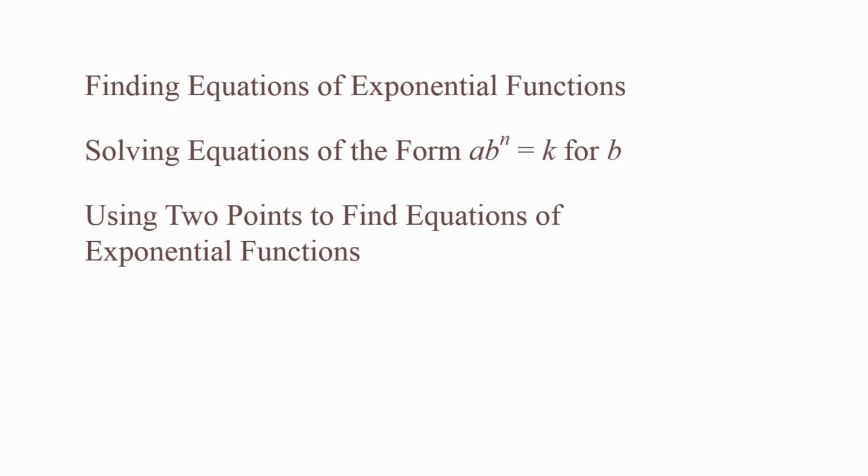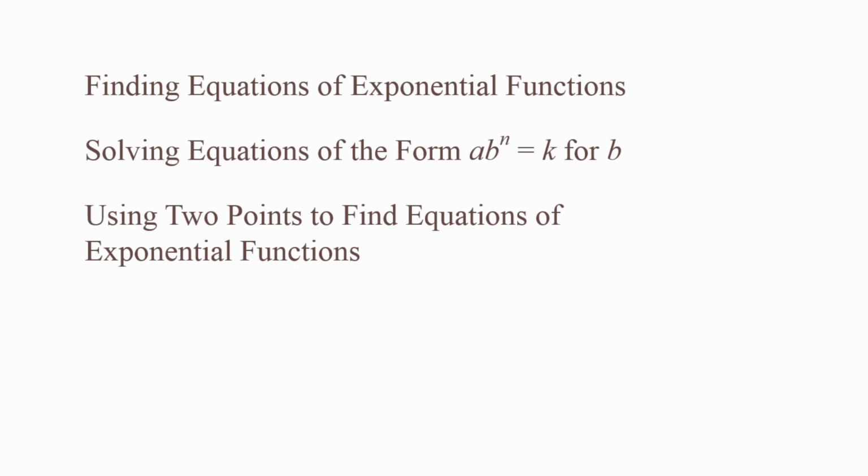We can then look at all of our outputs to see the change between each. Solving equations in the form of a b to the n equals k for b, our first step is to divide both sides by a, then take each side to the 1 over n power. If I have b squared, I use 1/2. If I have b to the third, I use 1/3.